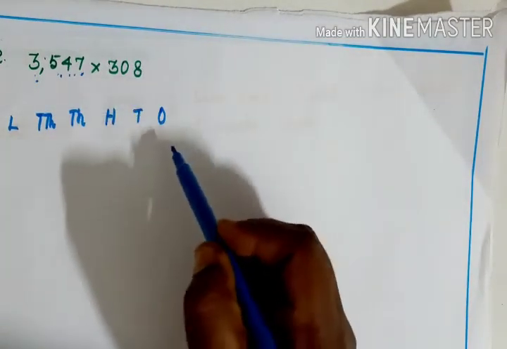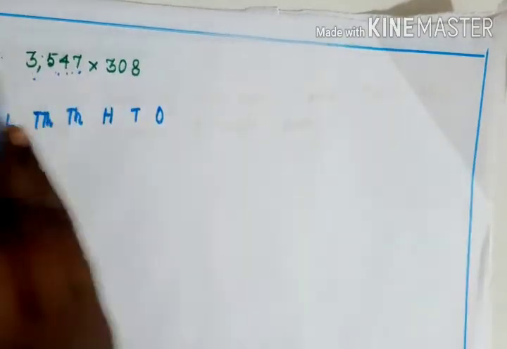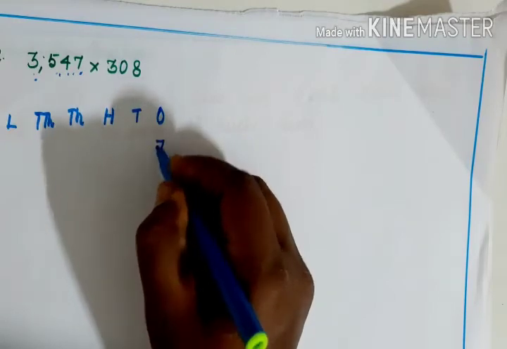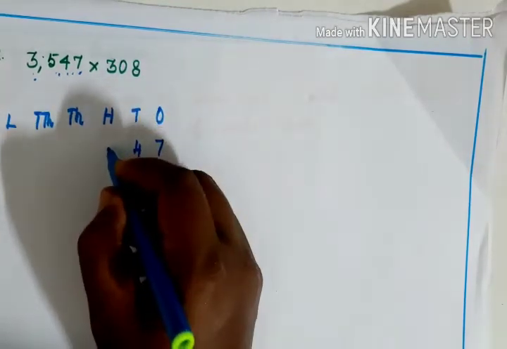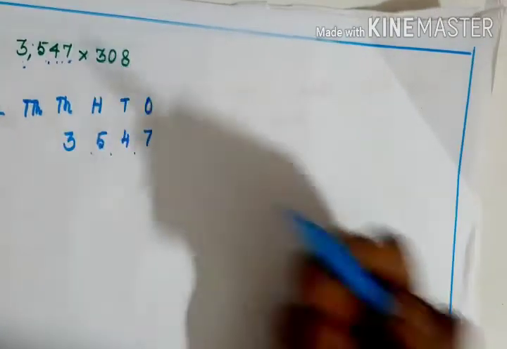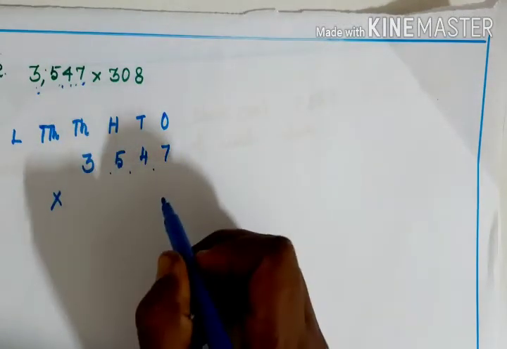Okay. Then you have to write the numbers. So write it from right to left. So what do you get? 7, 4, 5, 3. Okay. 3547 multiplied by 308.